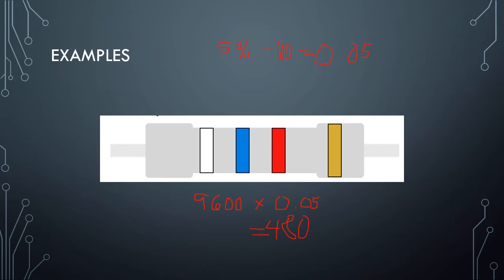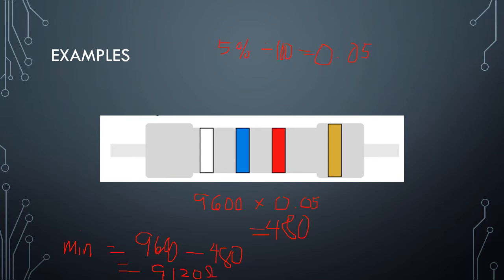So we have 480. To get the minimum value, we just subtract 480 from 9,600. So the minimum value is 9,600 minus 480, which gives us 9,120 ohms.